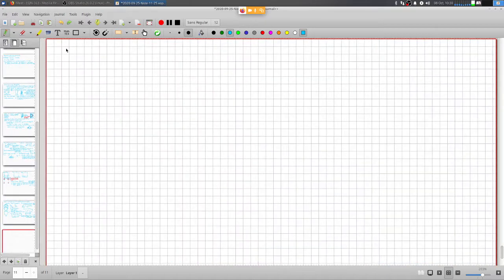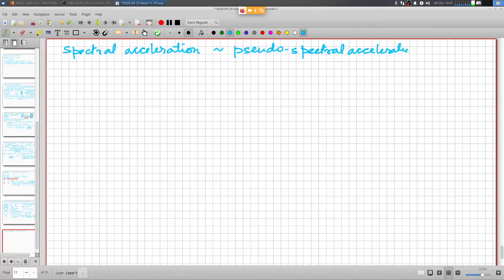Now spectral acceleration, interestingly, okay, I am running out of space here. So let us see. Spectral acceleration is approximately equal to pseudospectral acceleration for small damping. Right?